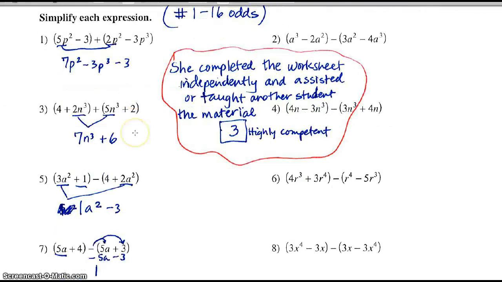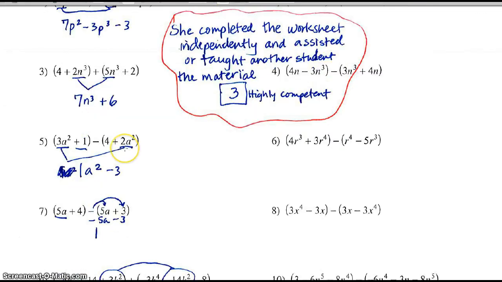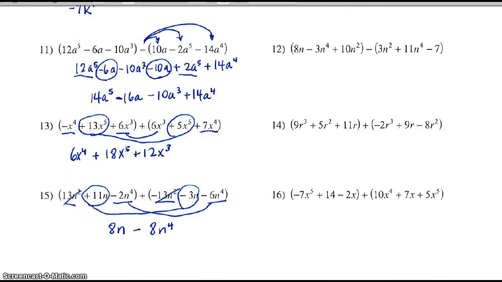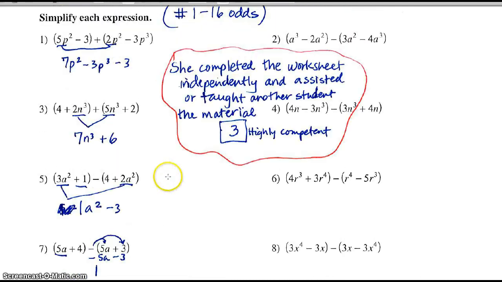If we go through this, she has done some work here, and it looks like she has answers for all the problems. That's good, and now the teacher needs to determine did she do it independently. All right, so she got a 3, which is highly competent. Why? Because it says she completed the worksheet independently and assisted or taught another student the material. That's how she got a highly competent.